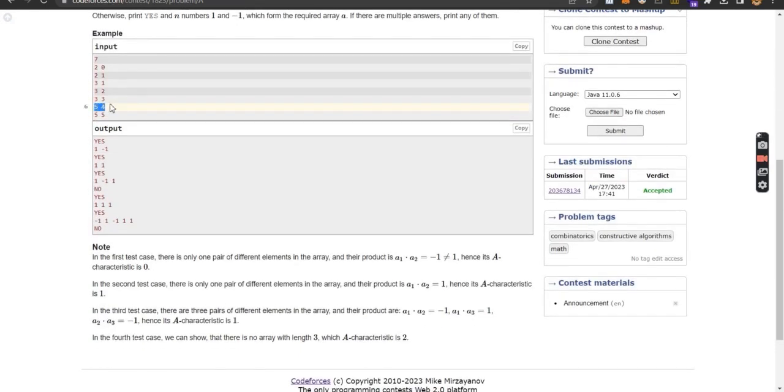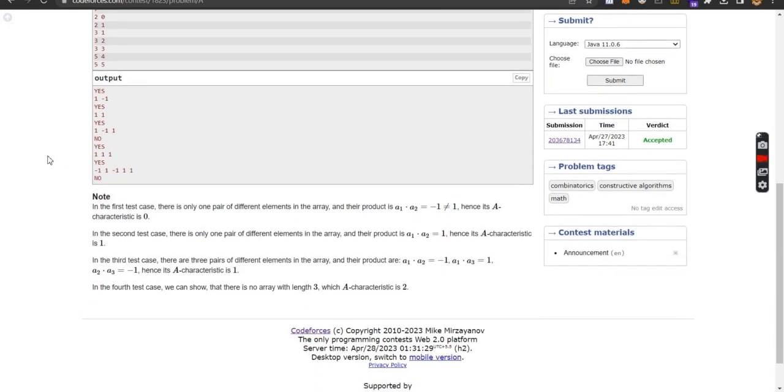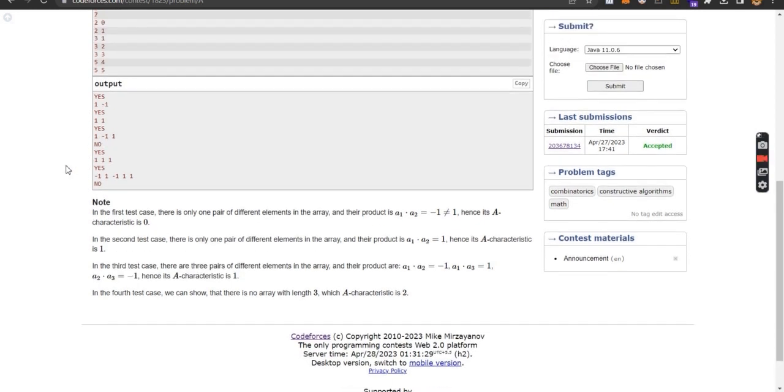In this example, you need to create an array of size 5 with A characteristics equal to 4. The solution for this example looks something like this. If you calculate the A characteristics of this example, it will turn out to be 4. You can observe that the product of one positive and one negative number can never be 1. So you will always take either both positive or both negative.